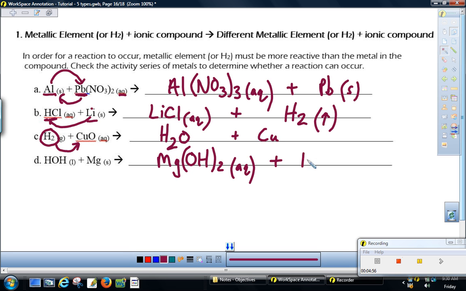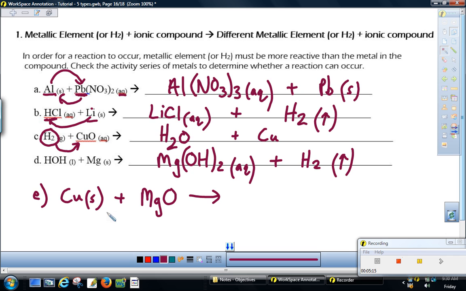Alright, there we go. If we had another one, let's say we put one more on here. Let's say we have copper metal plus magnesium oxide. Would anything happen here?